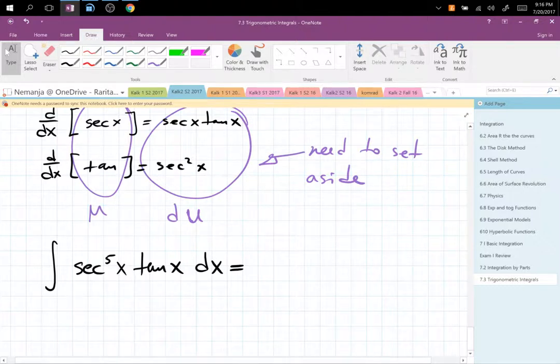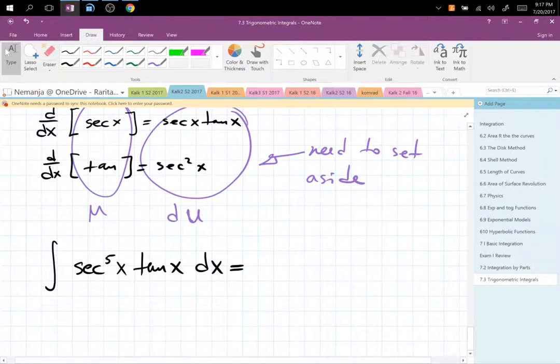You have the choice. It looks like both could work for the moment. So you say, all right, I could peel off one secant, and then I have secant tangent to leave aside, and then I have secant to the 4th left, so that's u to the 4th du. Oh, this works. Perfect. Can I use the other one?